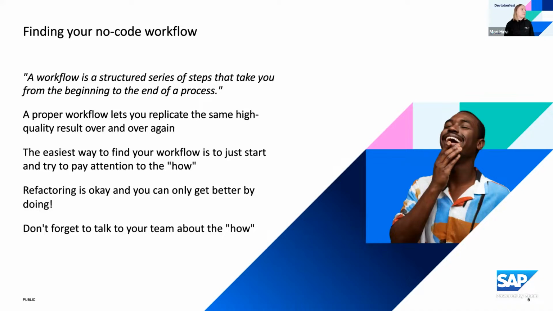Then I would say that refactoring is something to consider. If you end up in a situation where you created something and then want to recreate it on another page, or in the scope of the whole app, by all means, just refactor. I think the versions are a great aid in that sense.